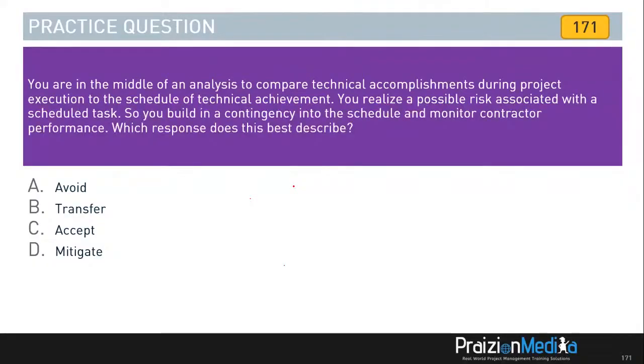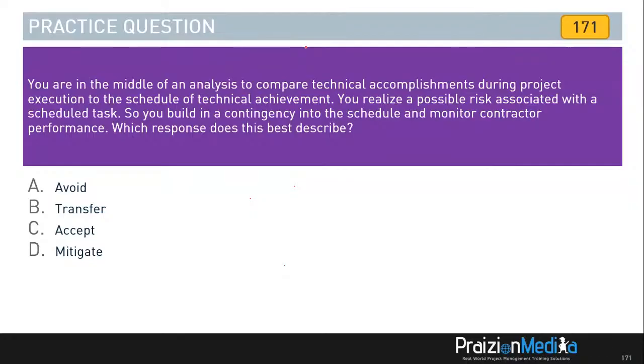When you're using a contingency, it's as though you're saying, okay, whatever happens, happens. We're just going to accept it, right? When you mitigate, you're doing something proactive to stem the tide, to either reduce the probability or the impact, or if you take the avoid strategy, you're actually avoiding the risk altogether, right? You're preventing the risk from happening.